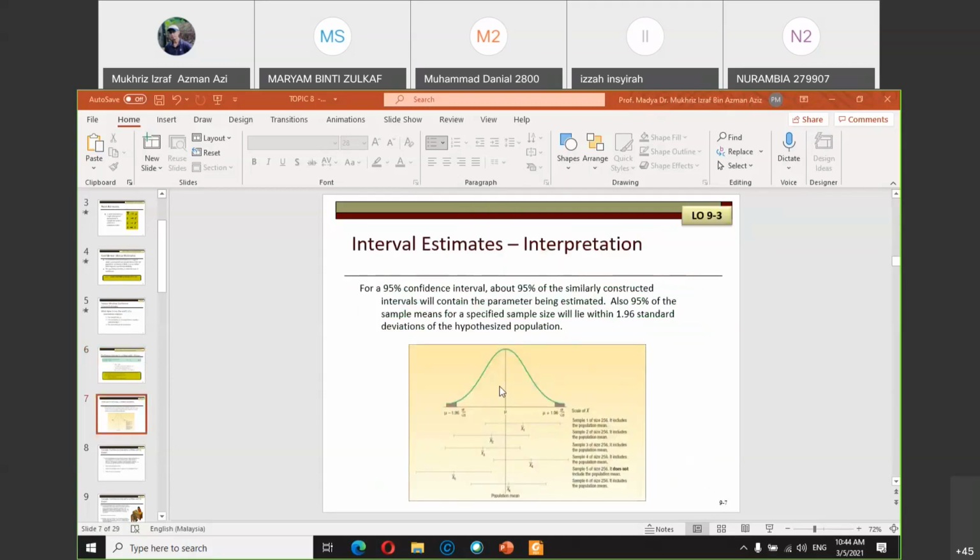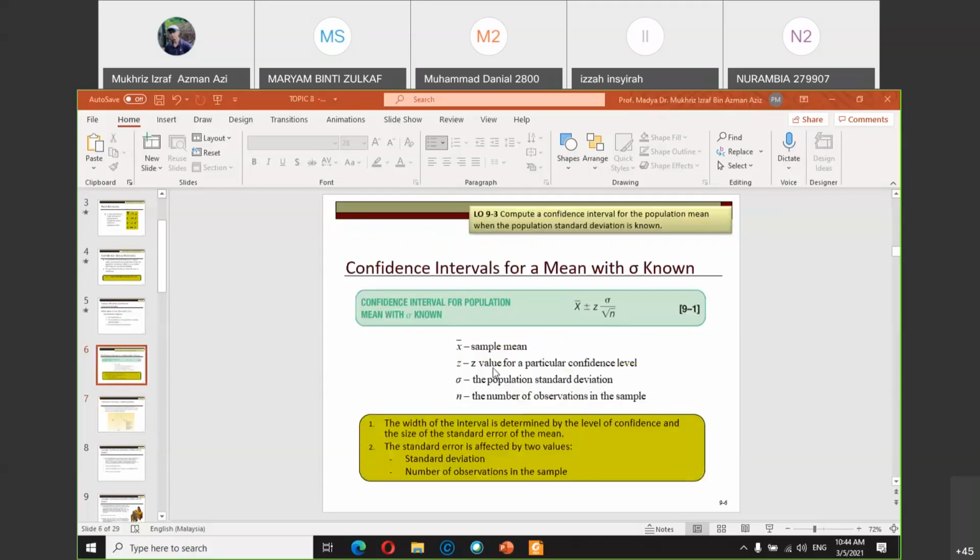In the previous two topics, when you learned about the Z distribution, you learned how to use the Z table or the online calculator, whichever method you use, to calculate the probability value. You convert from X into Z, or in the previous topic from X bar into Z. When you use the sample mean, we use X bar.